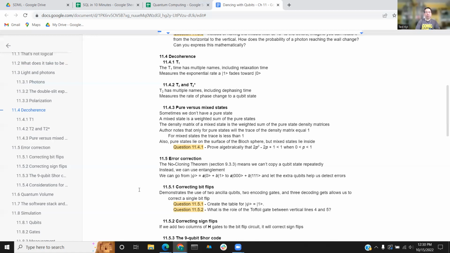I'm not sure of other circumstances where you would have this. But so this mixed state is a weighted sum of pure states. And we've seen a couple times the author has introduced this density matrix. So if you take the outer product of the qubit state with itself, if your qubit is psi, so then it's ket psi times bra psi, you get a 2x2 matrix.